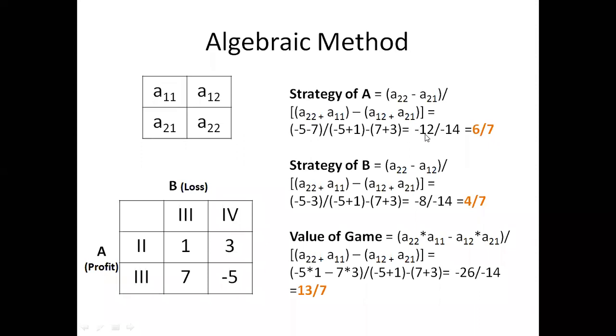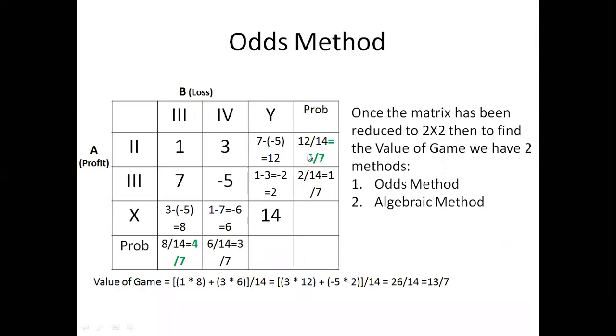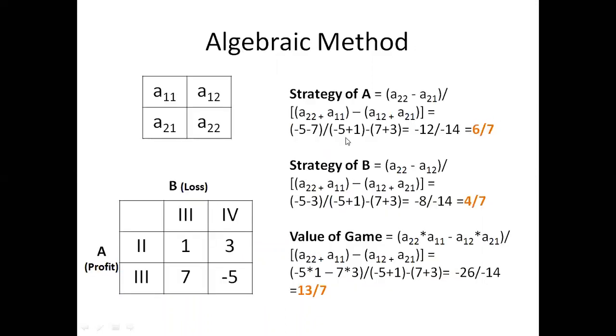The denominator is A22, which is minus 5, plus A11, which is 1, so minus 4, minus A12 plus A21, which is 3 plus 7, 10. So minus 4 minus 10 is equal to minus 14. So this is minus 12 by minus 14, that is equal to 6 by 7. That is the same that we got in the previous odds method. So this is the answer you get as the strategy of A.